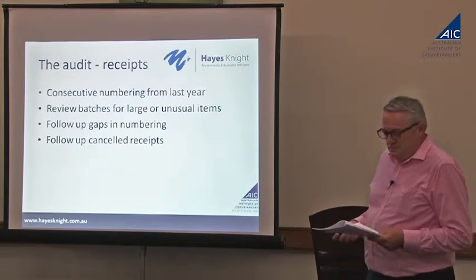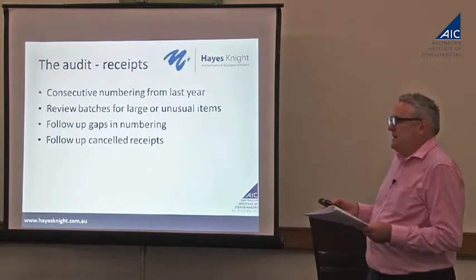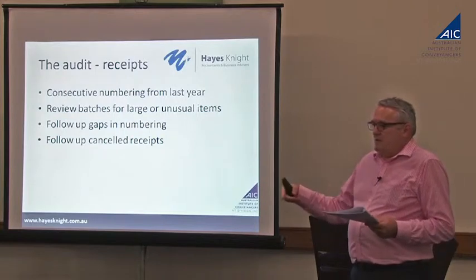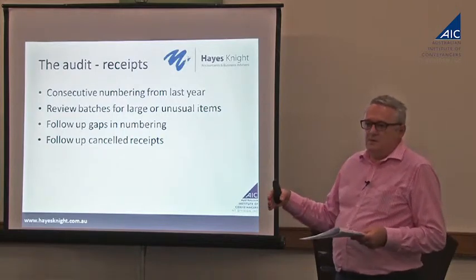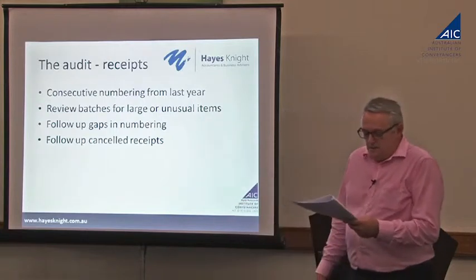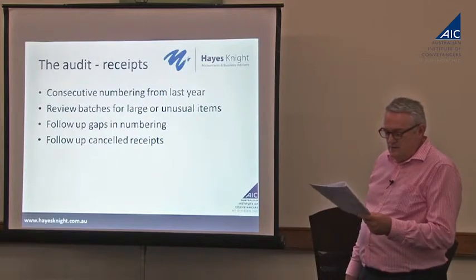So what do we do? We have a look when we start up looking at receipts. Are the numbers following on from last year? So when I say receipts, I'm talking about whatever EFT system or whatever that you use. Has the number followed on from last year?